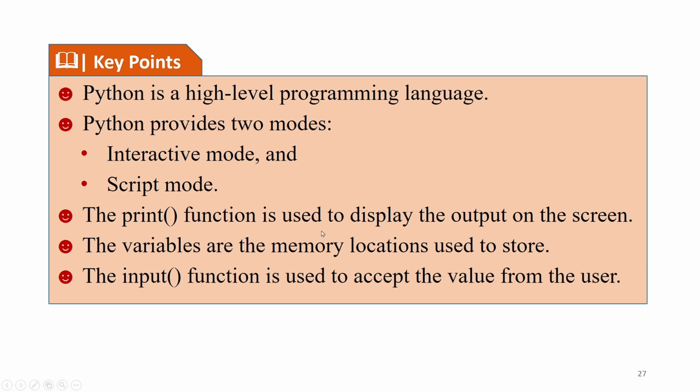The print function is used to display the output on the screen. Whatever is written inside the brackets will be printed as it is, or if it is a numeric or integer value, it will be calculated and give you the calculated result. Means whatever is inside the brackets will appear as output on the screen.